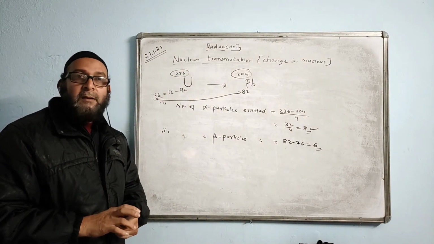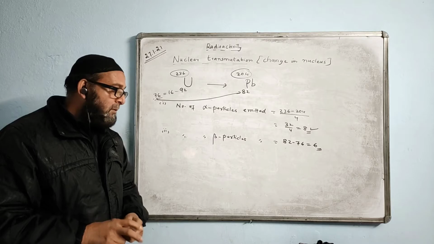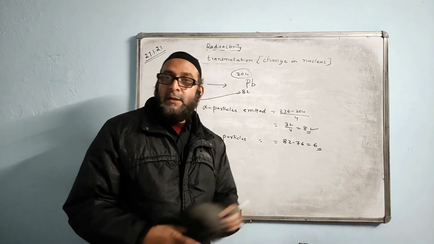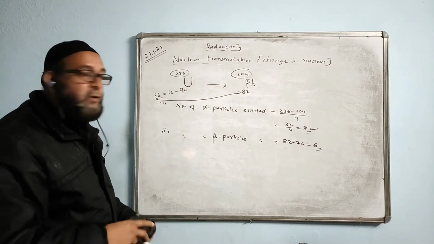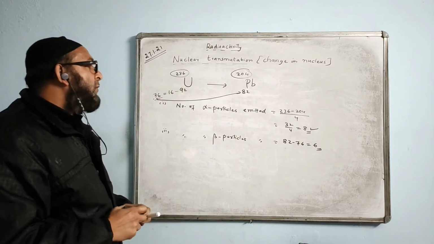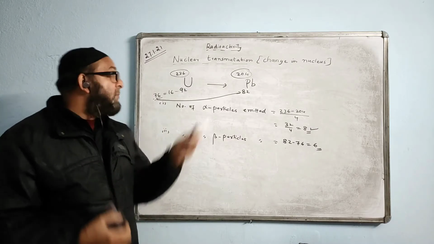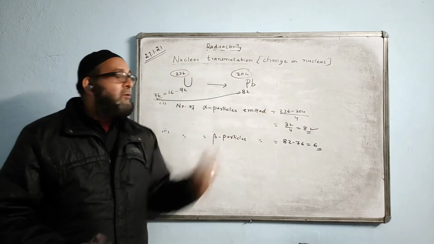This question may come and may carry 2 marks. So, I hope you understood the method. If you have doubts, you clarify. First of all, we always find the number of alpha particles. And how do we find the number of alpha particles? By this minus this, divided by 4. Always divide by 4.